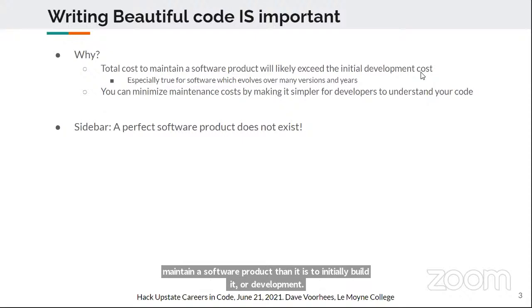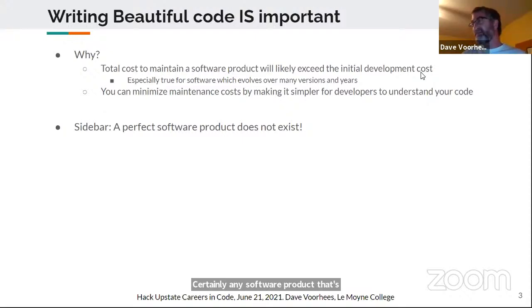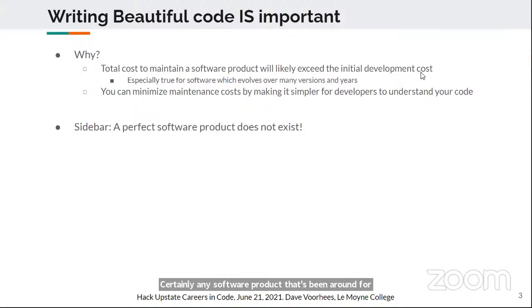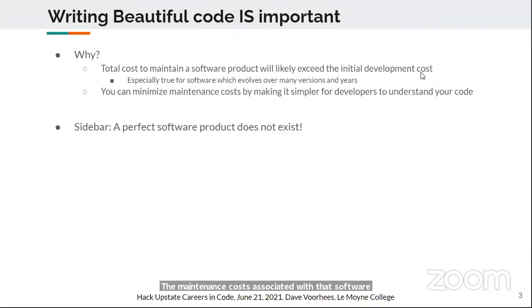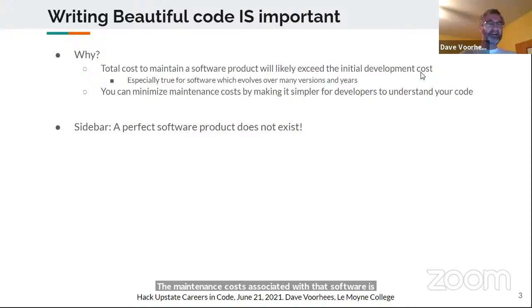And certainly any software product that's been around for multiple years and goes through an evolution with many software versions, the maintenance costs associated with that software is going to be far higher than the initial development cost. As you're all, I think, experiencing now, developing software is a labor-intensive operation, right? This is not easy stuff to do.